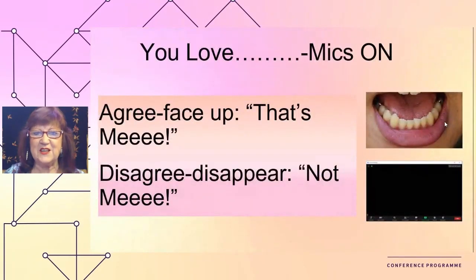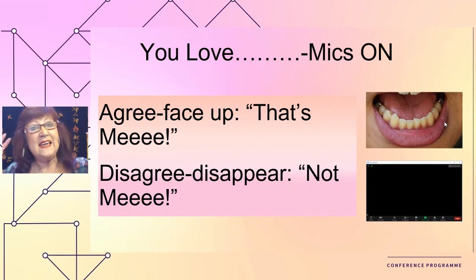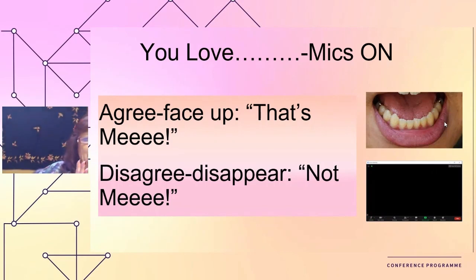I was going to start off with an exercise where I make statements and you come up to your camera and you say, "That's me," or you say, "Not me," and you disappear from the camera. But as I can't see you, I can't do it in that kind of way. But I'll just give you a demonstration.